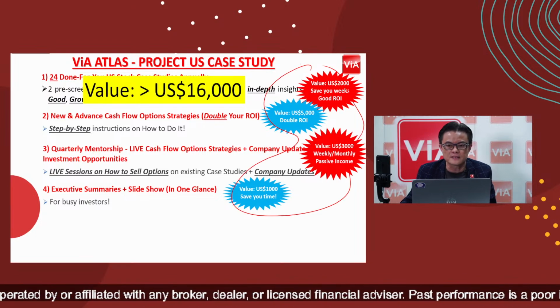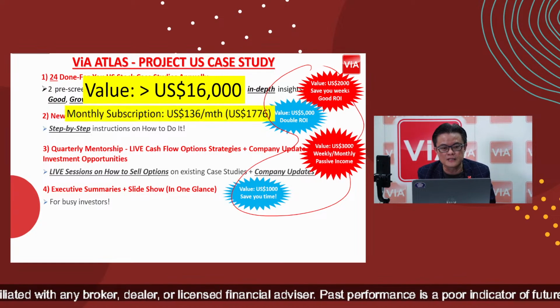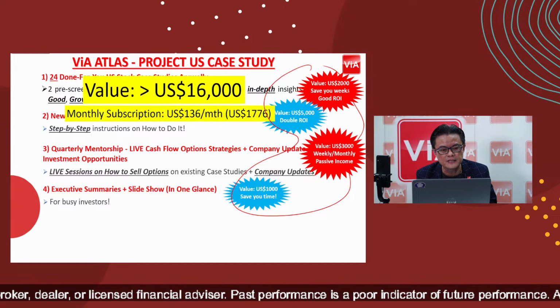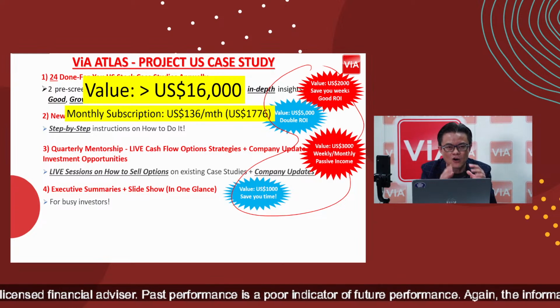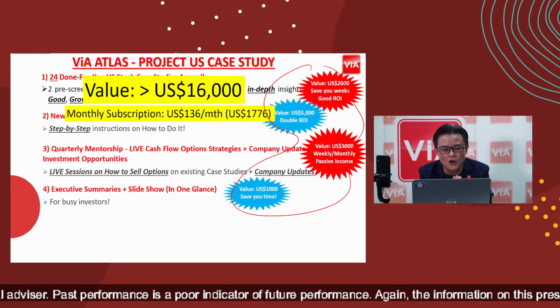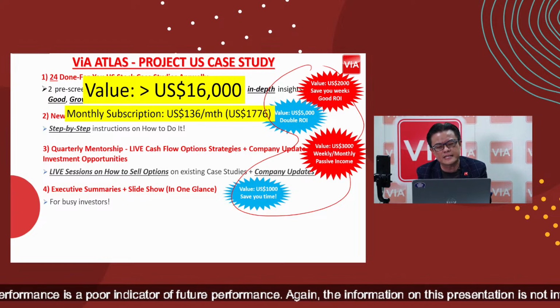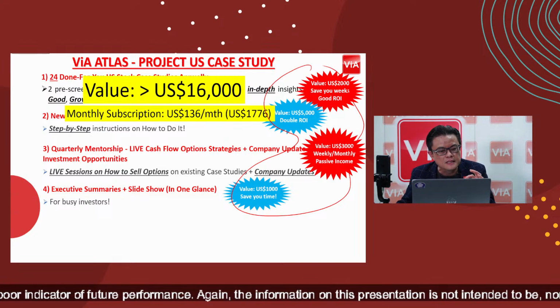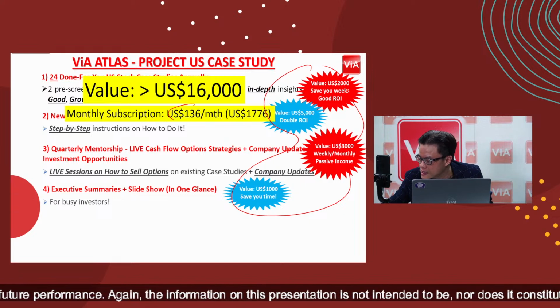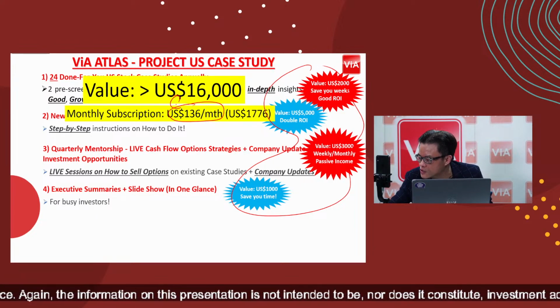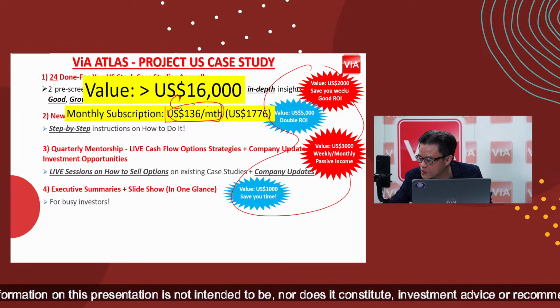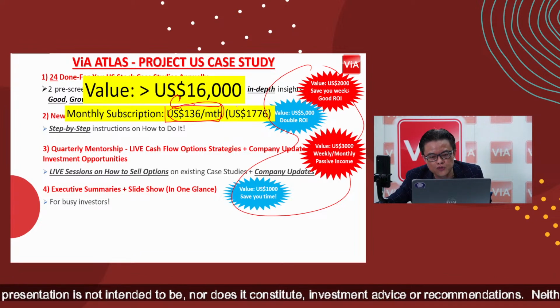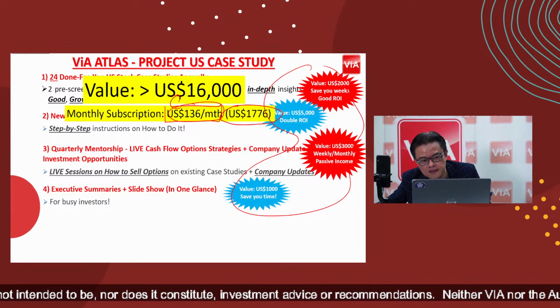And of course, the value, if I add all this up, the future value is about 16,000. So that's like your return on investment. So if you decide to be part of our combined intelligence, we call it the VIA Atlas Project US case study, the monthly subscription with a return or a value of 16,000 is just a mere $136 per month. And if you change it to 1 year, it's 1776.